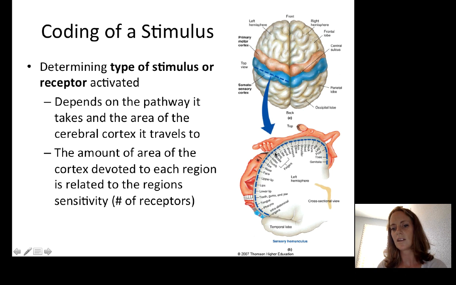Here, sensation in your fingers. Regions that are more sensitive, for example the face and the fingers, will have larger regions dedicated to them in the cortex than regions that are less sensitive. For example, the wrist is not as sensitive as the fingers. It has a smaller relative space than the finger region.